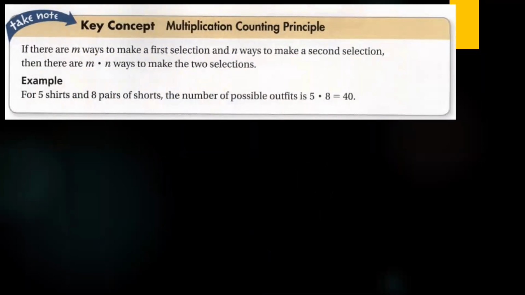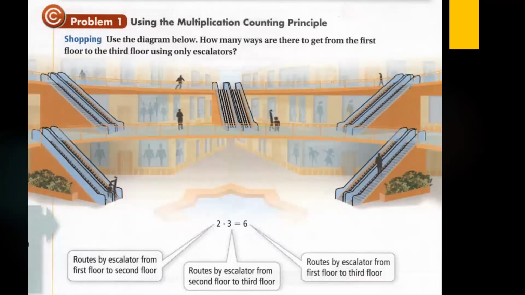So if I'm asking you about counting, how many different ways there are for two choices, if I give you two things that are different, shorts and shoes as an example, or books and magazines.